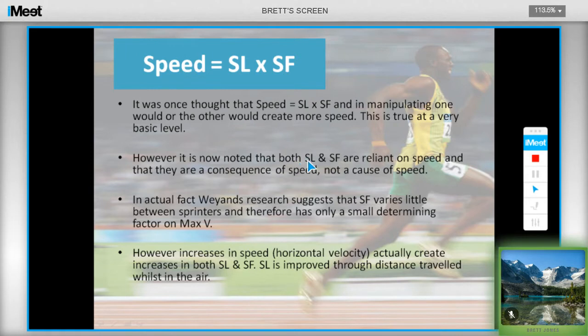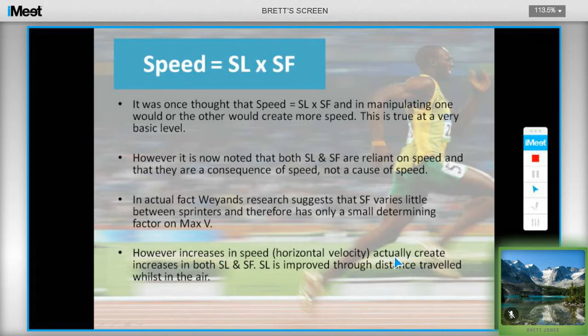What we end up seeing in the research is that stride length and stride frequency are reliant on speed, and that they are a consequence of the speed that you're traveling at, and not necessarily a cause to increase speed. In actual fact, Wayand, who's a researcher in Texas, suggests that stride frequency varies little between sprinters and therefore has only a small determining factor on maximum velocity.